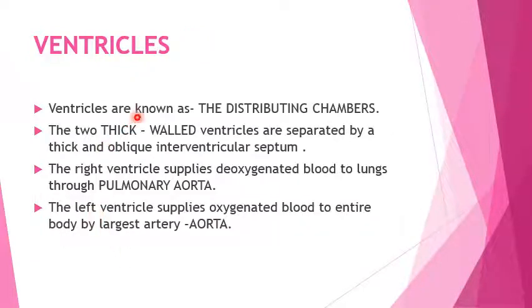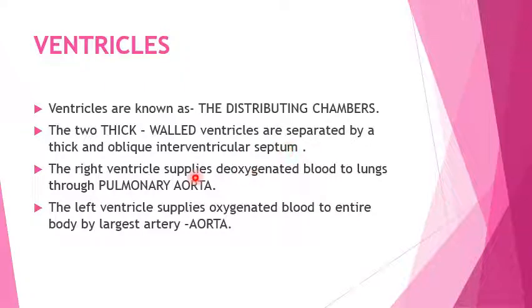Whereas ventricles are the distributing chambers because they have to distribute the blood to the body parts. And the two thick-walled ventricles are separated by a thick and oblique interventricular septum.